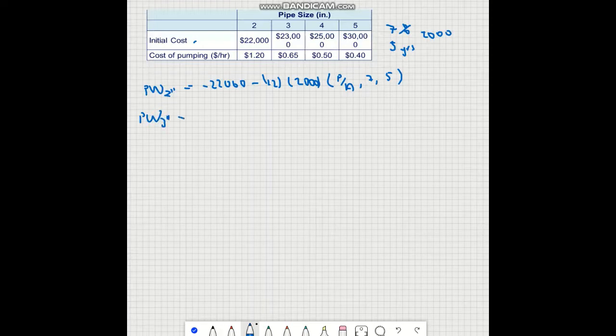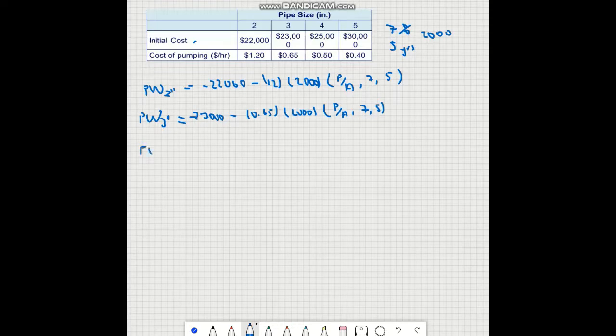Present worth of the 3-inch, same thing we are going to do: it's going to be 23,000, minus again the cost of pumping, 0.65 multiplied by 2000 operating hours, and we need to multiply it by the annual-series-to-present-value factor for 5 years at 7% interest rate.